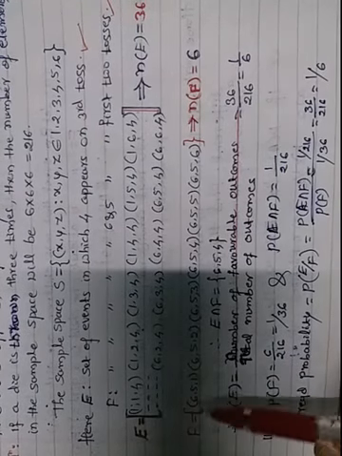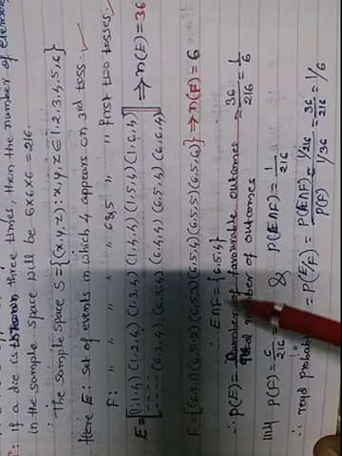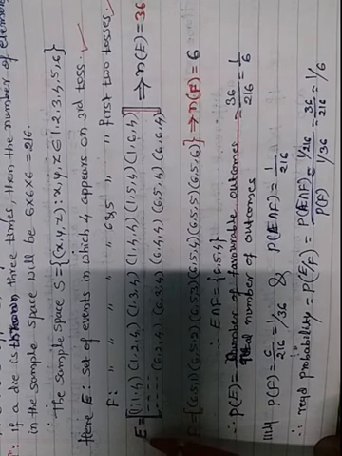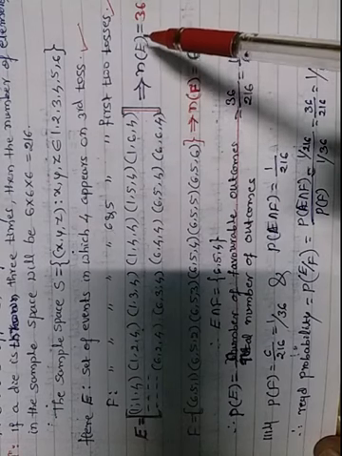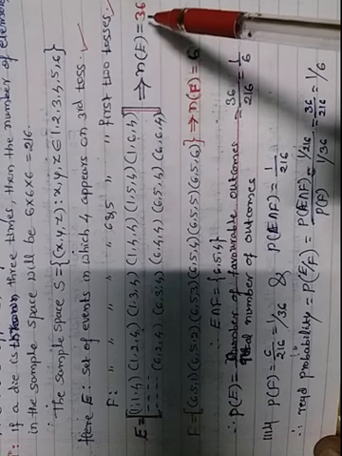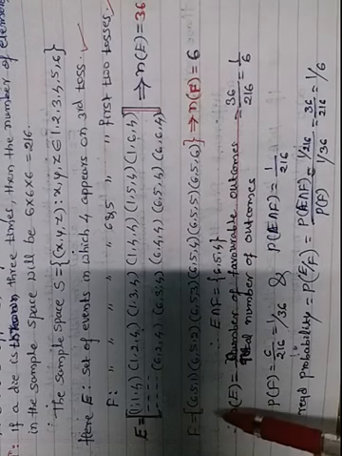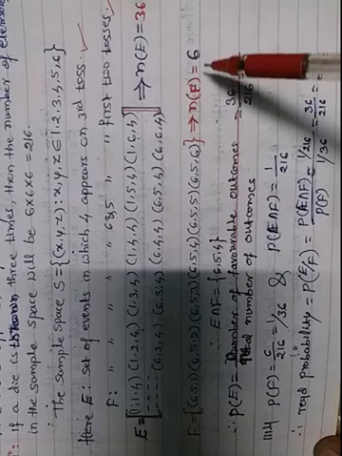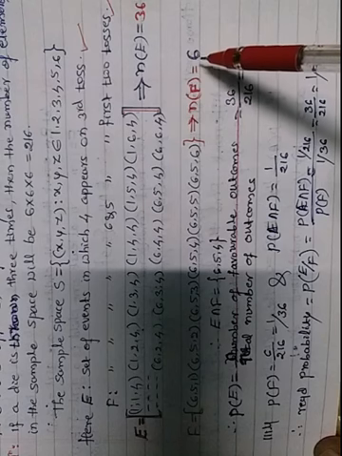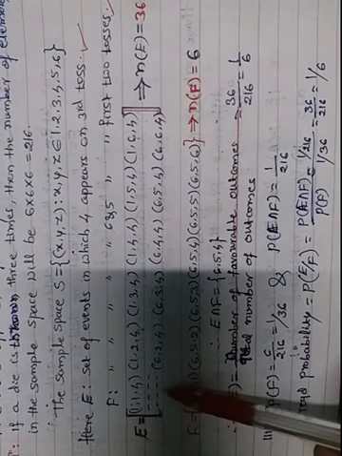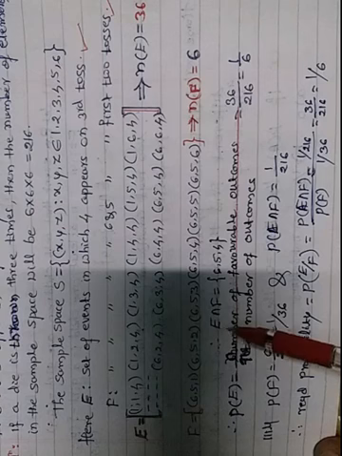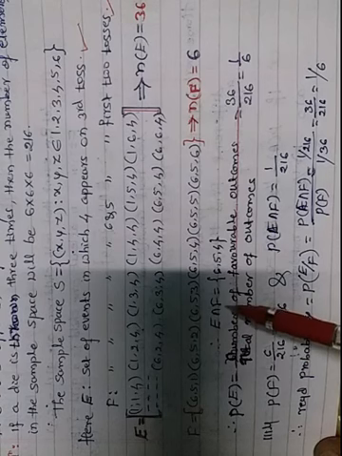Then, next, after finding the events E and F, the number of favorable outcomes in E is 36 and the number of favorable outcomes in the event F is 6. Hence, by using these E and F, we have to find E intersection F.